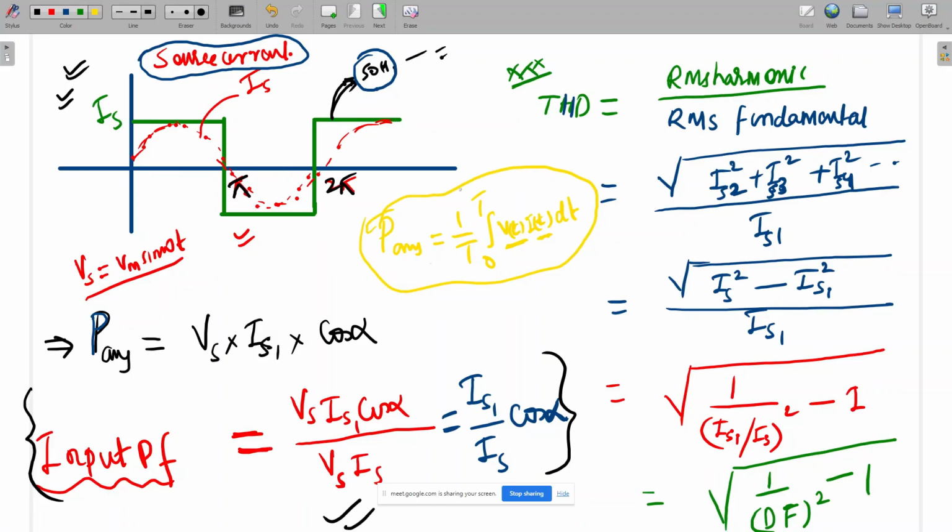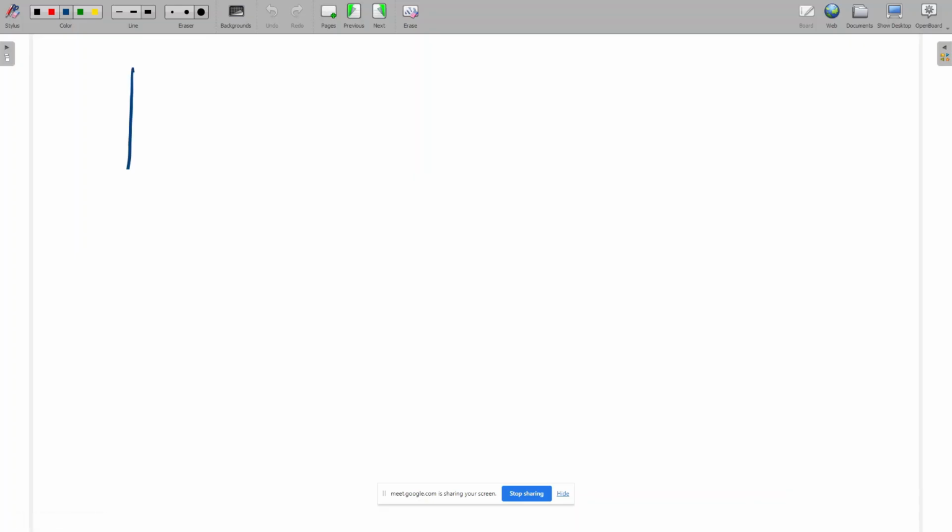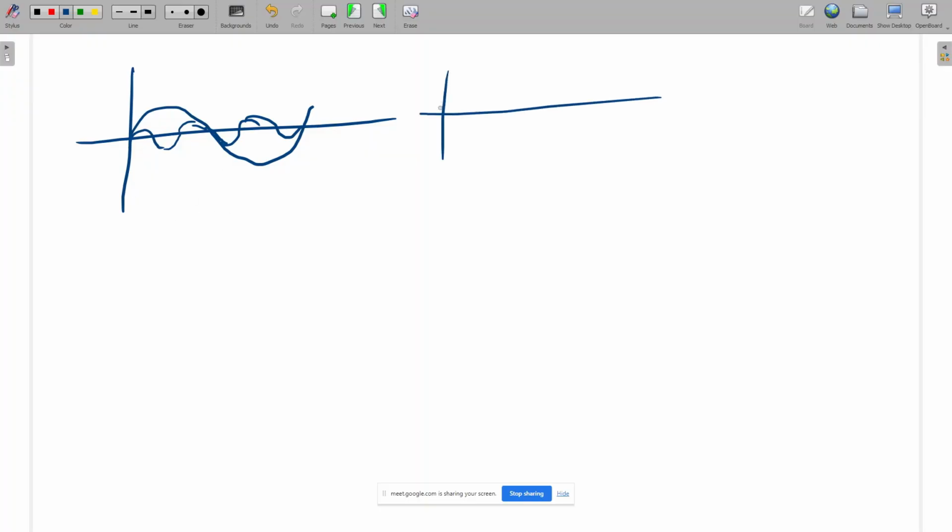You can calculate: let's select a first harmonic sine wave and a third harmonic. If we multiply these two, some waveform will come and the area under that waveform will be 0.